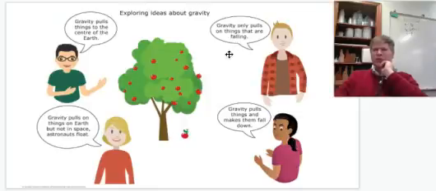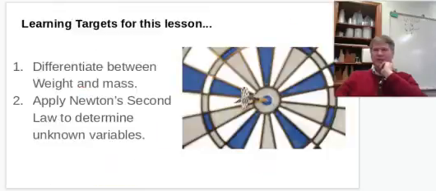Upper right, gravity only pulls on things that are falling. Gravity pulls on things and makes them fall down. So are any of those right? All of them right? Are any of them wrong? Again, we'll come back to these at some point and talk about them.